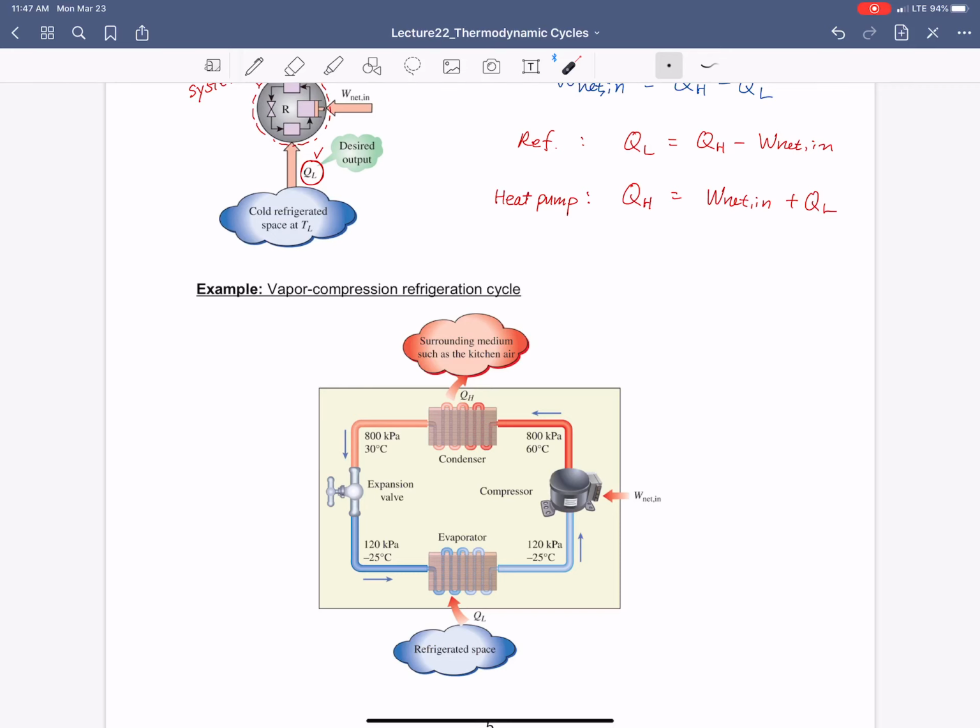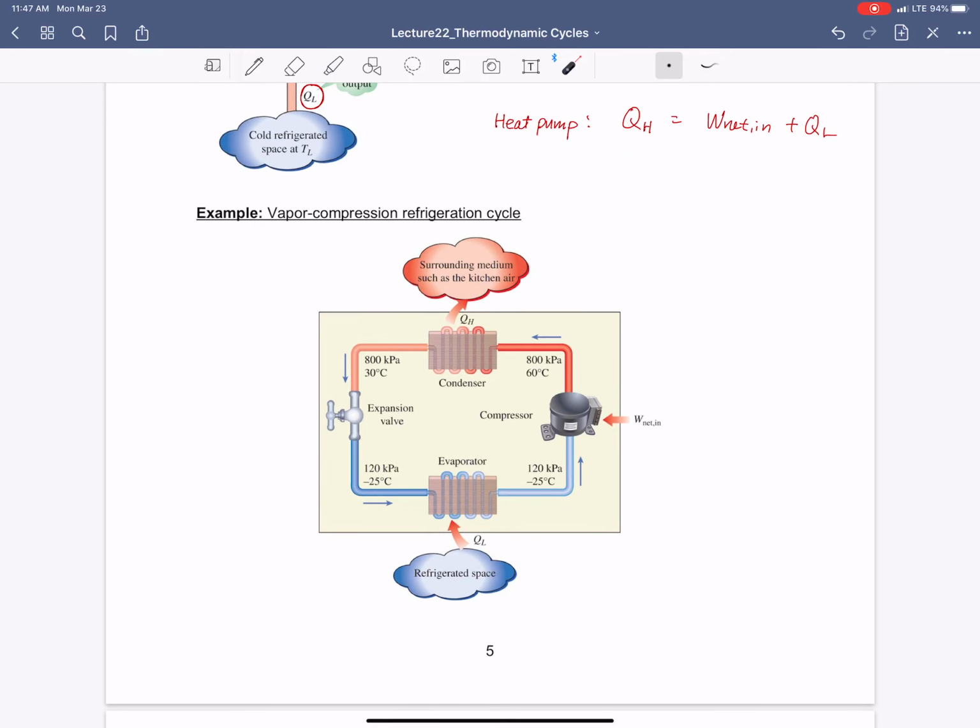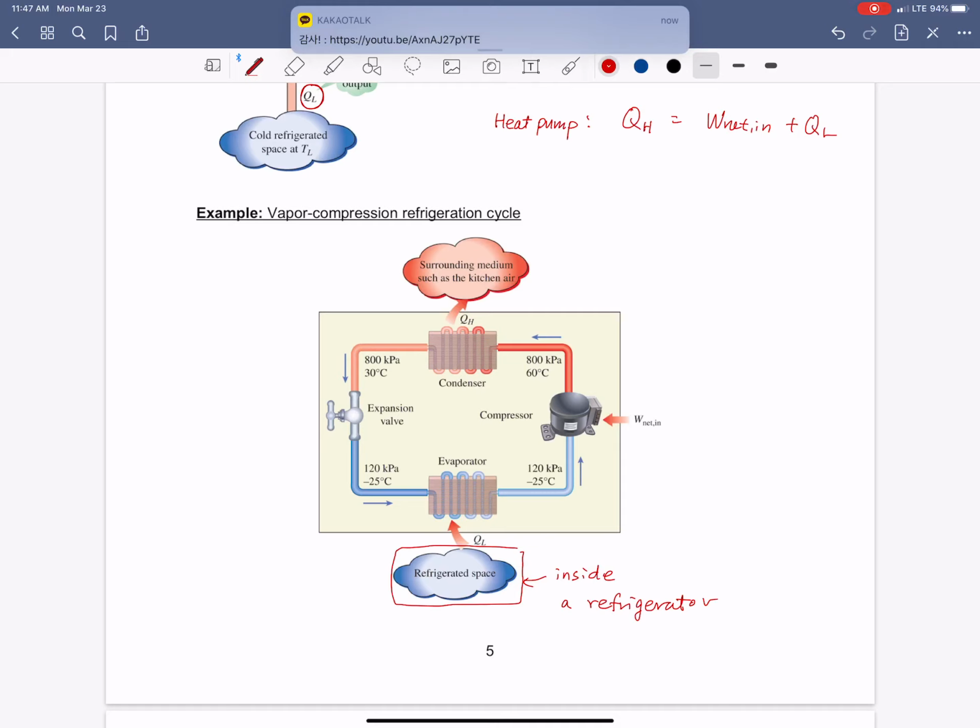And the objective of this refrigerator, again, is how we can make this space cool. So that is the inside of a refrigerator. Now, how can we make that refrigerator cool? By taking a certain amount of heat, in this case QL, out. So that is our objective.